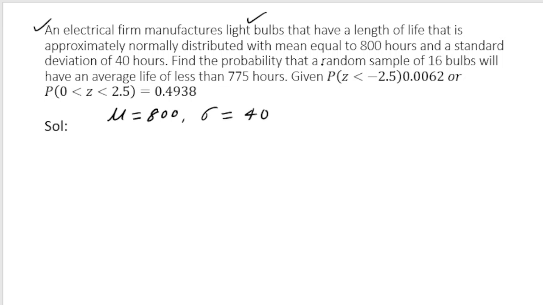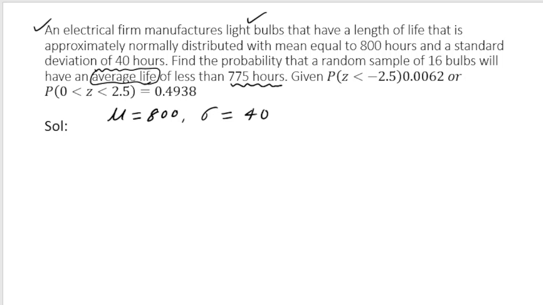Find the probability that a random sample of 16 bulb will have an average life. Now see, this is not the total, they are asking for average life, right, of less than 775 hours.